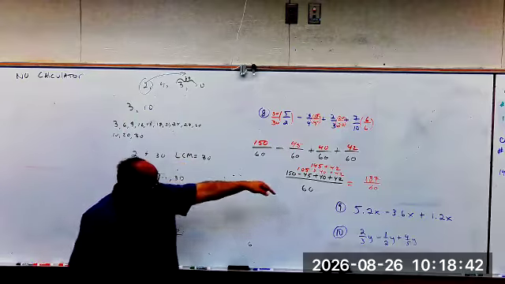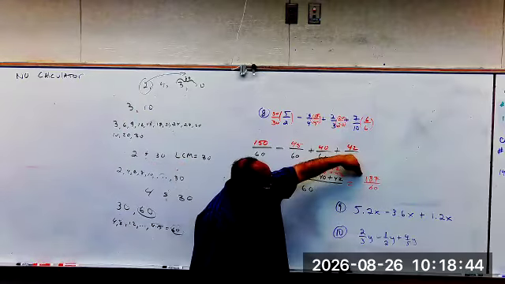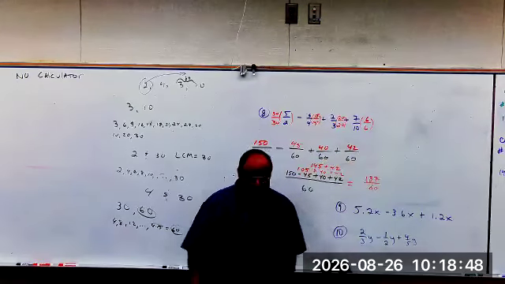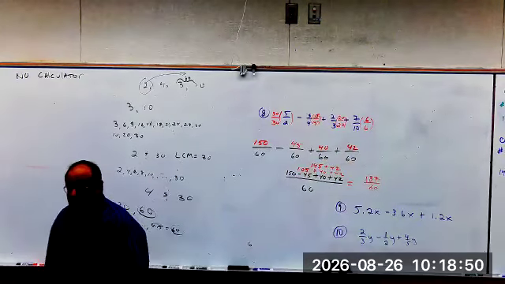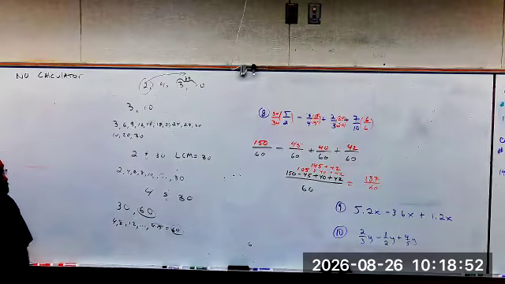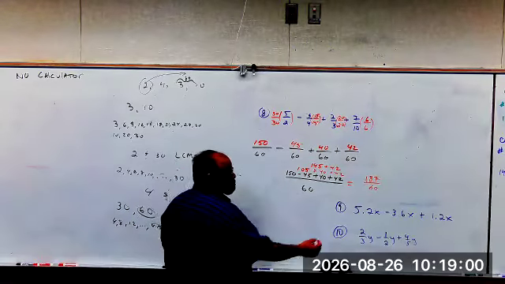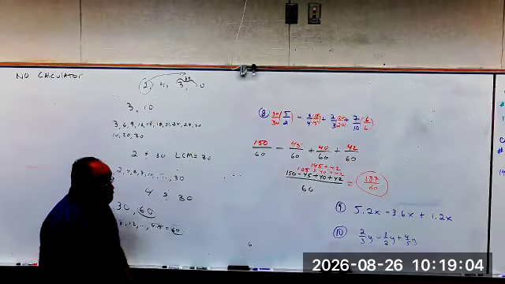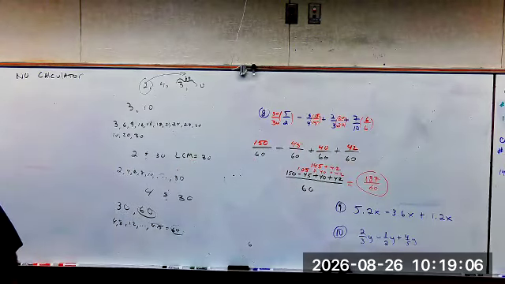For 3: 1 plus 8 is 9, 9 plus 7 is 16, and 16 is not divisible by 3, so it's not divisible by 3. And it doesn't end in 5 or 0, so it's not divisible by 5. So that's in lowest terms. That's the final answer.